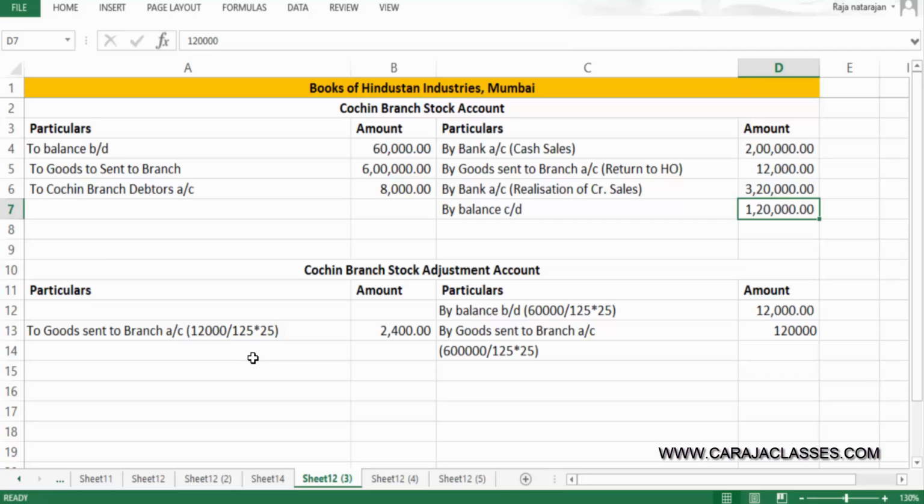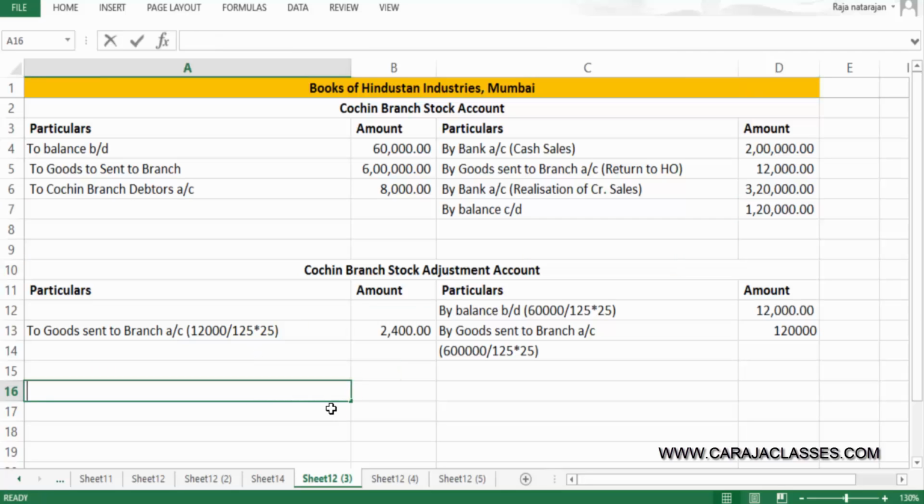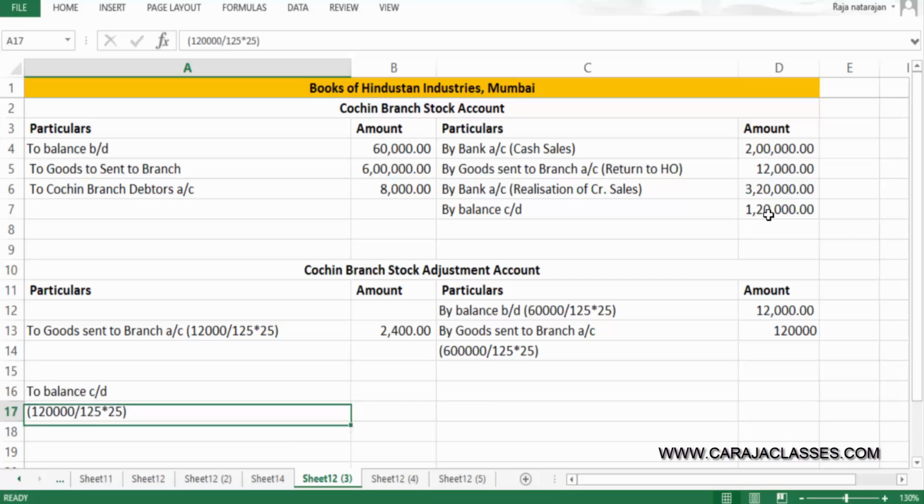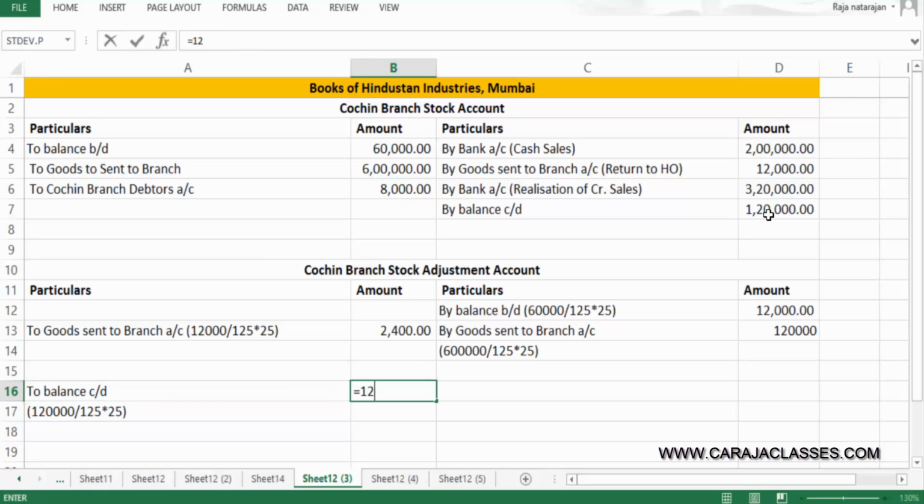So probably the last line will say to balance carried on, and what is the value? 120,000 divided by 125 multiplied by 25, we get 24,000. Okay, so I think more or less we have captured all the items in these accounts.